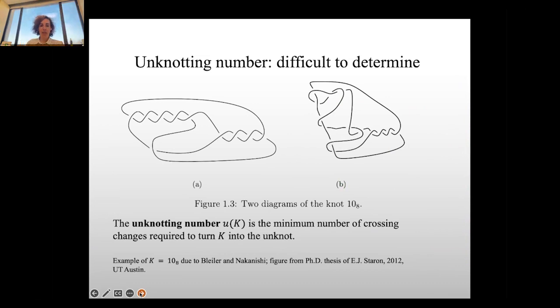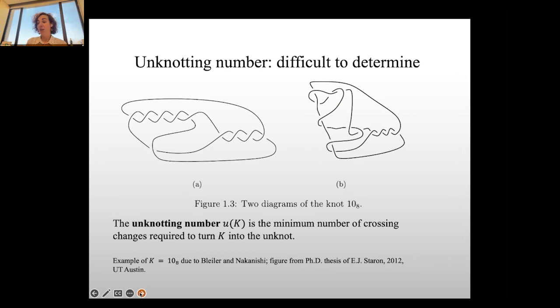In this slide, there's a picture, and this picture is the knot 10_8. This figure is from the PhD thesis of Eric Sterin, who was a colleague of mine when I was in grad school. The example itself is due independently to Bleiler and Nakanishi, and it's a 10 crossing knot. But the issue is that this knot admits a 14 crossing diagram that has unknotting number 3.